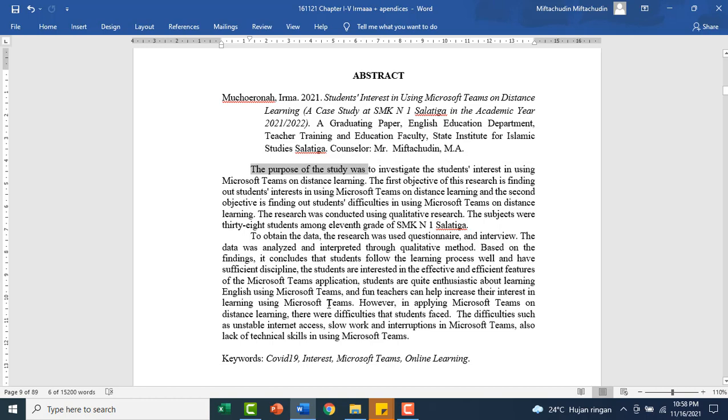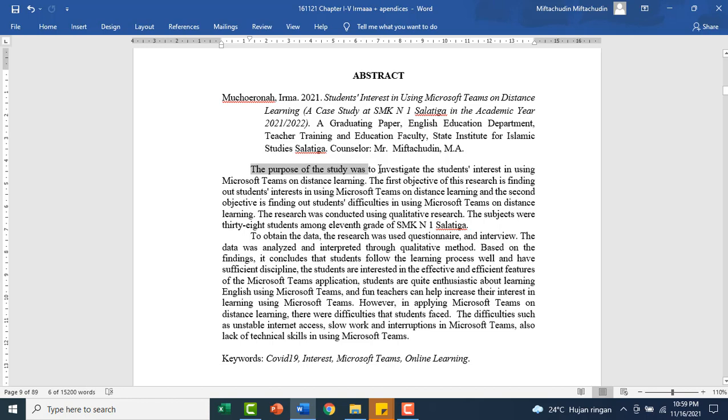So you can look back at the research problem and then rewrite the research problem in the first place. The purpose of the study was, or the aims of this research. This research aims to what? Refers to your research problems.